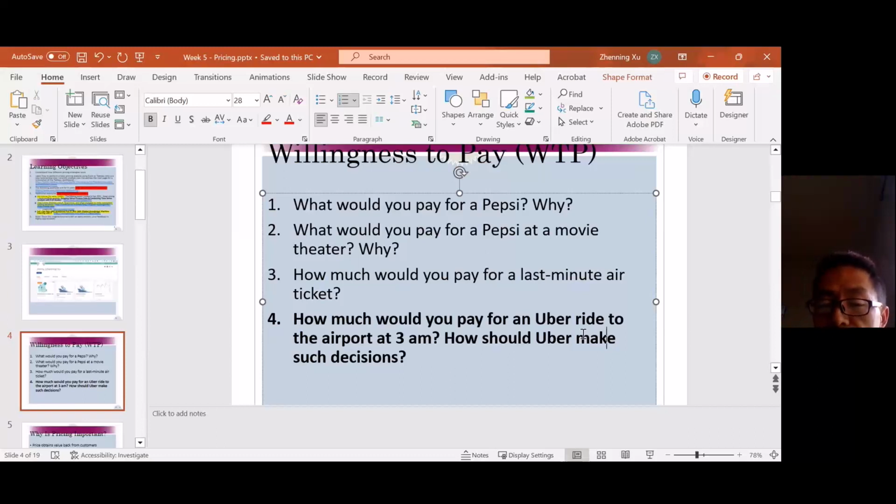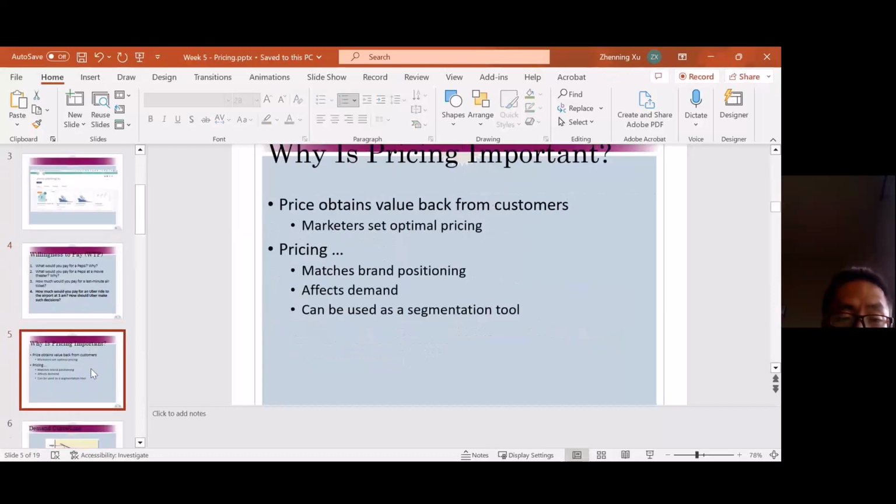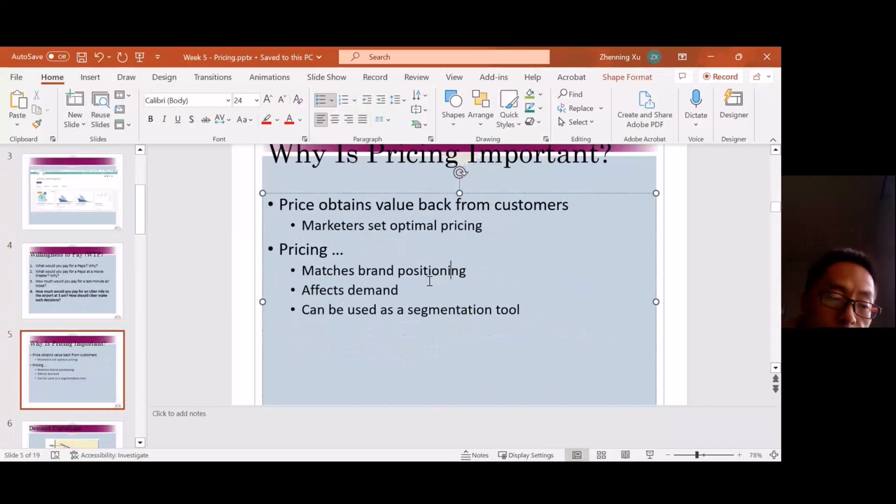Finally, think about how Uber allocates resources using their algorithms, how Uber matches passengers with drivers, and how much you would actually pay for an Uber ride at 3 a.m. in the morning. Now imagine, pricing is basically about matching marketers' expectations with consumers' expectations.